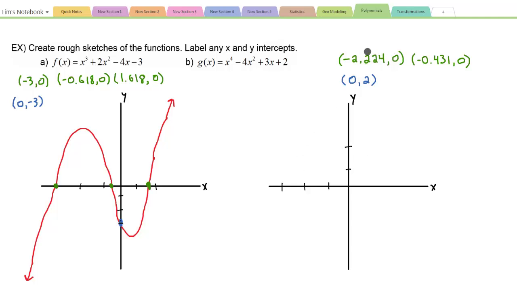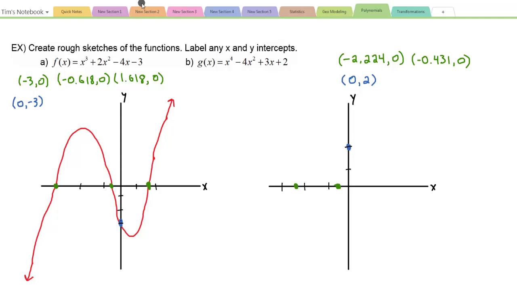So this x-intercept right here is going to be somewhere between -2 and -3. So maybe about right there. And then this one right here, -0.431, is going to be just before -1. It's going to be between 0 and -1 right there. Okay, and then lastly, my y-intercept will be exactly at 0, 2.